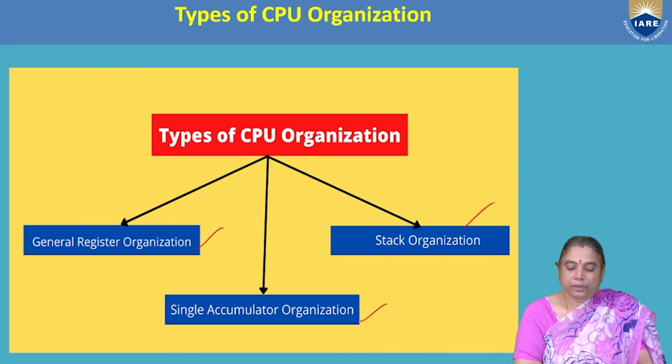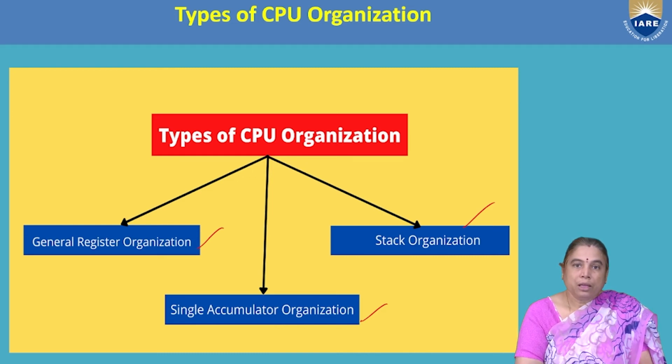The second one is single accumulator organization. In this type of organization, one operand can be stored in the accumulator, and the second operand can be supplied with the help of a general purpose register. That type of architecture is called single accumulator organization. The third one is stack organization.